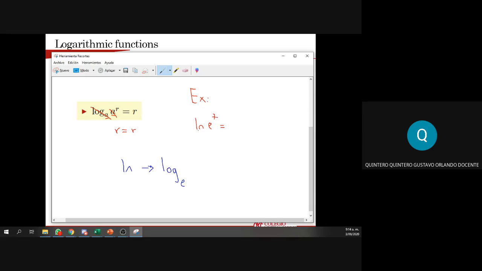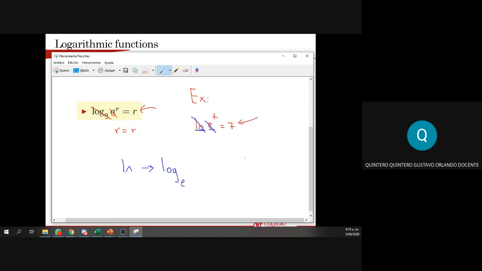So what we have here is logarithm to the base e of e to the 7. We can cancel those two, and we are left with the 7 alone, which is the result. 7.